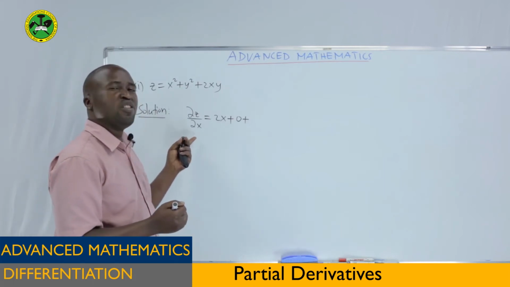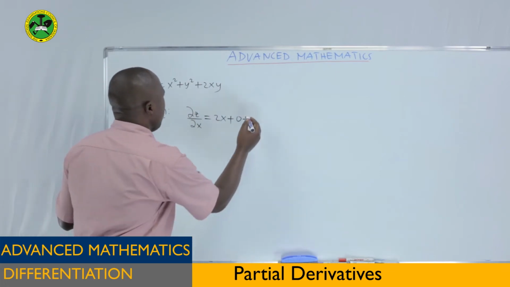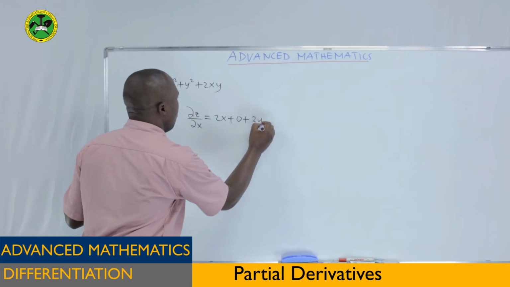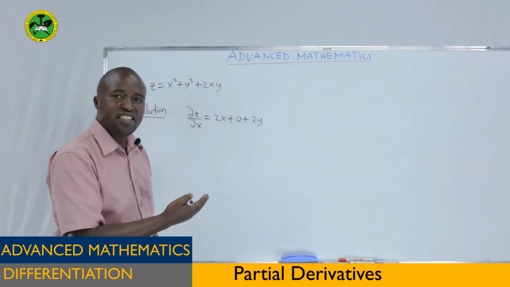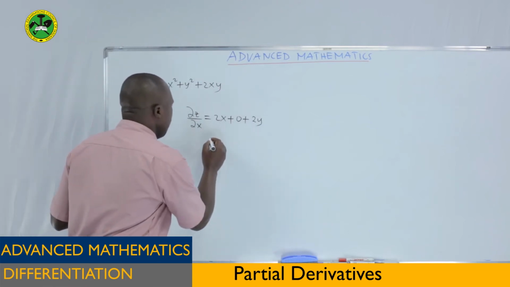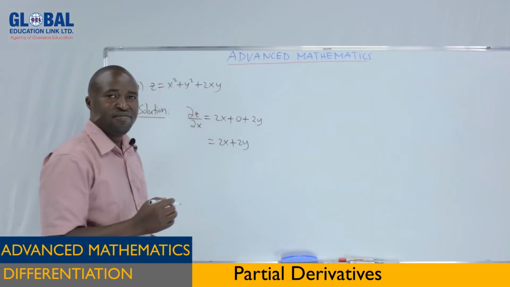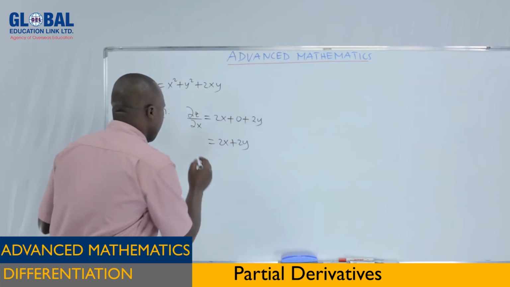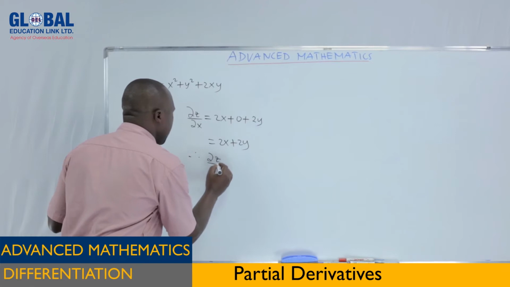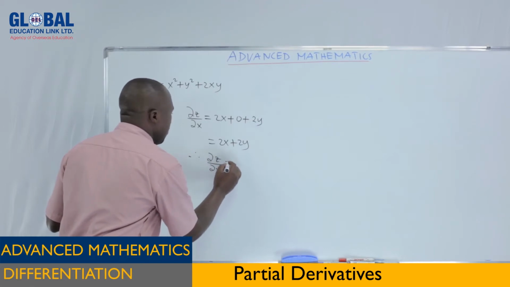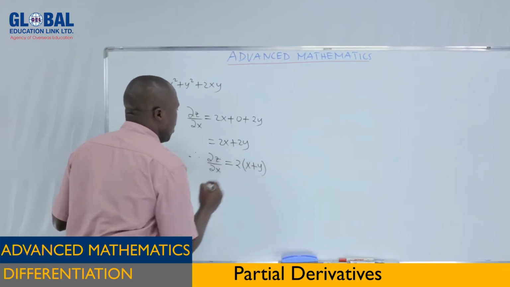Remember, we are differentiating with respect to x, so y is constant. So we are going to have 2y. Now in this case, the partial derivative of z with respect to x will be equal to 2x plus 2y. We say the partial derivative of z with respect to x is equal to 2 bracket of x plus y.